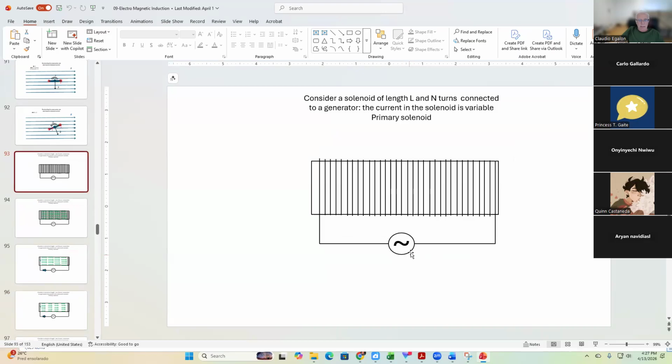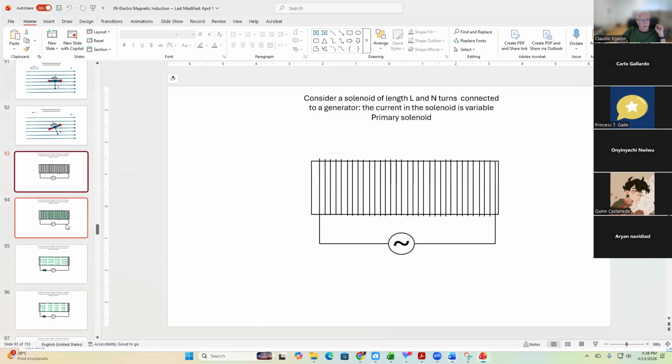That's the symbol of the generator. Keep that in mind. We have a generator that's producing a current through the solenoid. Think about the current flowing back and forth in the solenoid.